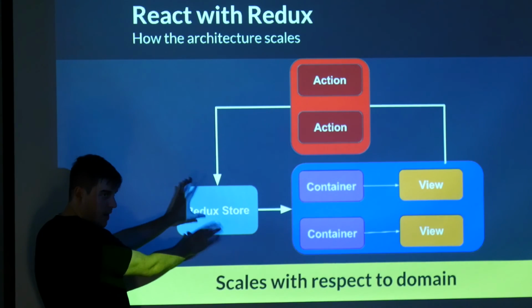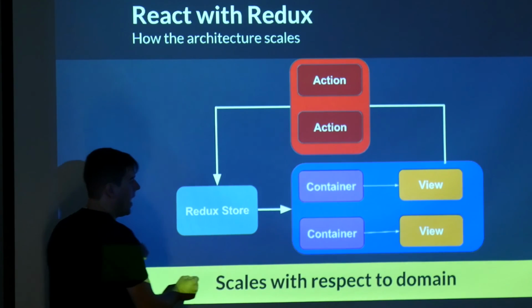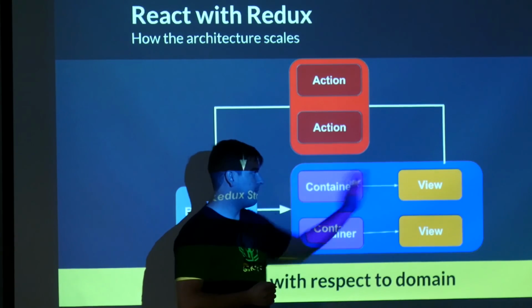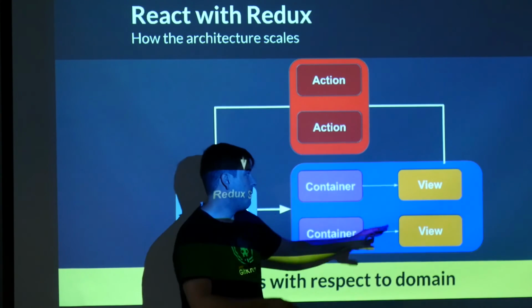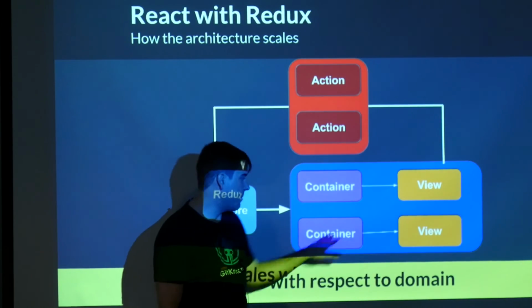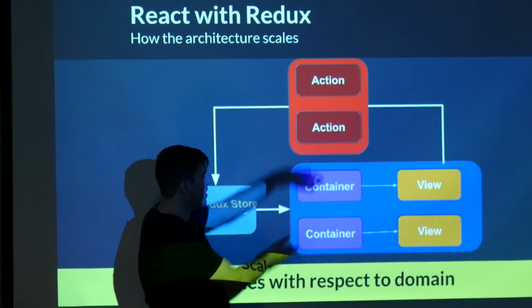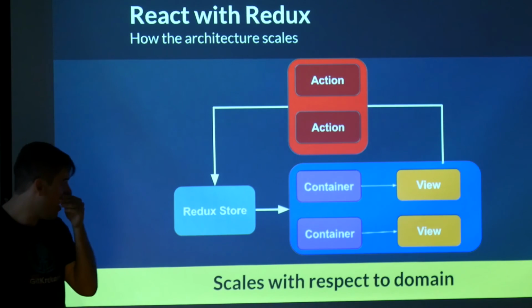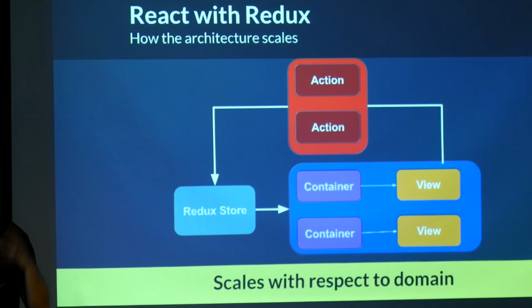It's just one thing. And these guys still only have one kind of view. And this may be a tree, but there's a top-level definite end. And the same goes for this container. And the action, so what we end up doing is we scale with respect to domains. And it's a very clean way to have your system architected.